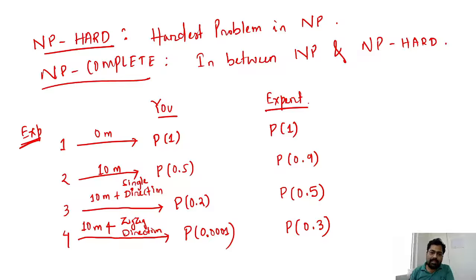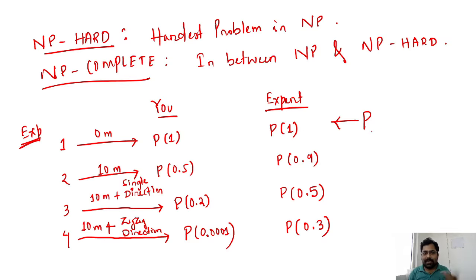In this case, the first one is the P class for us. For us, compared with the expert, we can decide our problem. It's a predefined, ideal solution, and the solution we are getting is probability 1, because we touched it and it was easy for us.